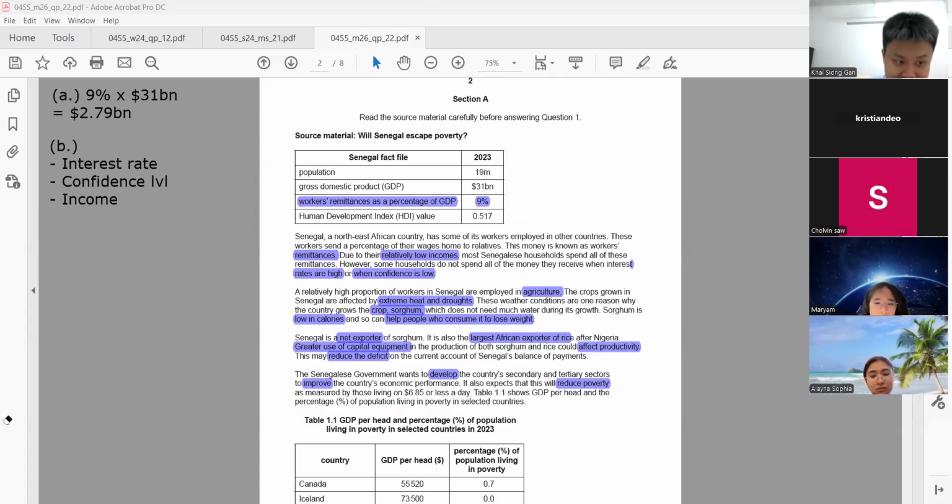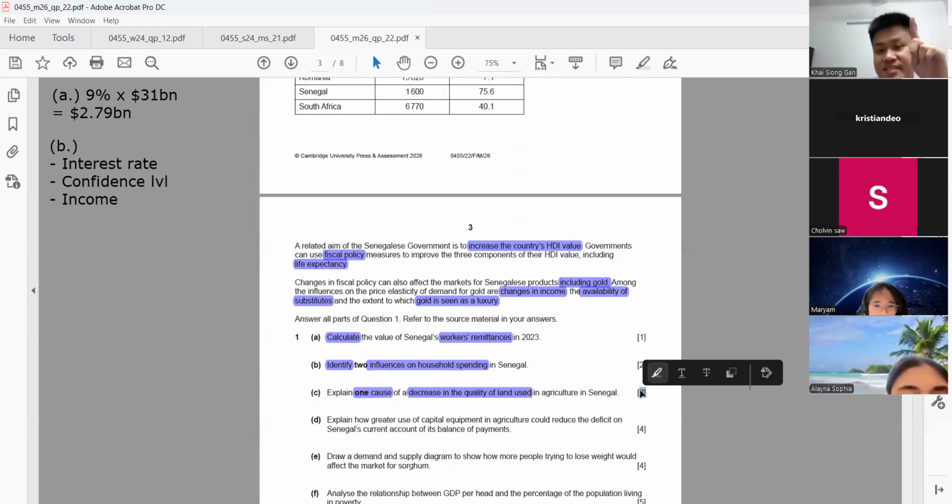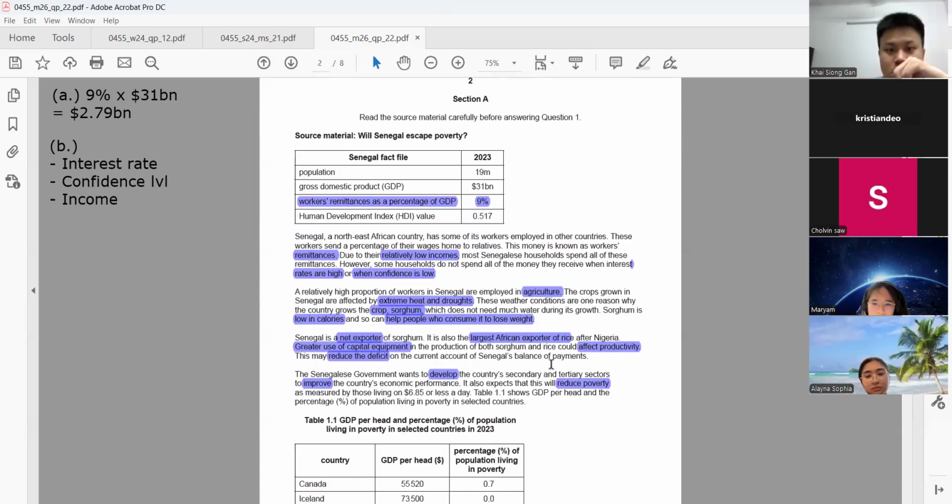Can you find the answer or not? So 2 marks, point and explanation. That's all. Yeah, this one: extreme heat and droughts. That's the answer. Only one answer. You don't have any other answers ready, but you must explain.